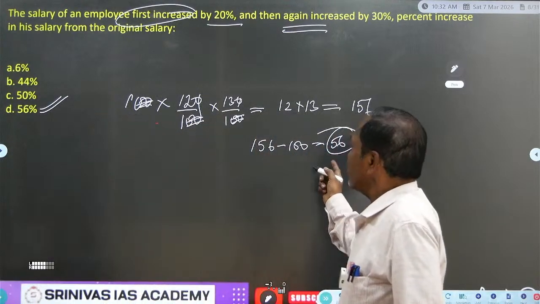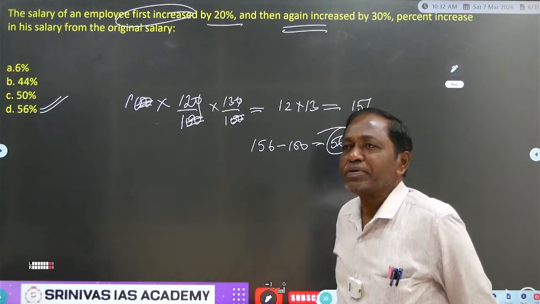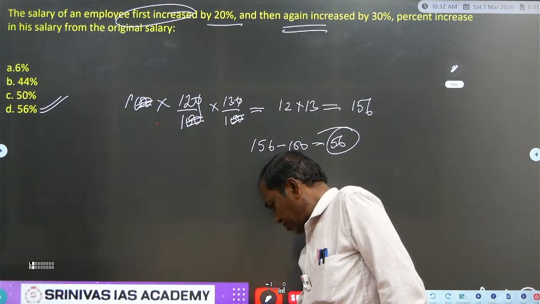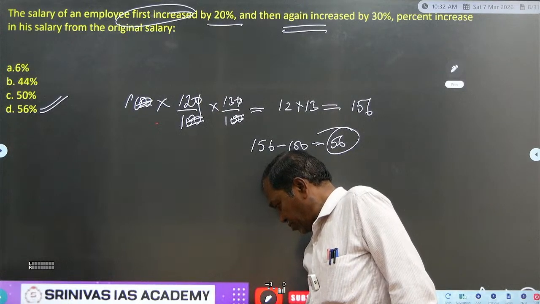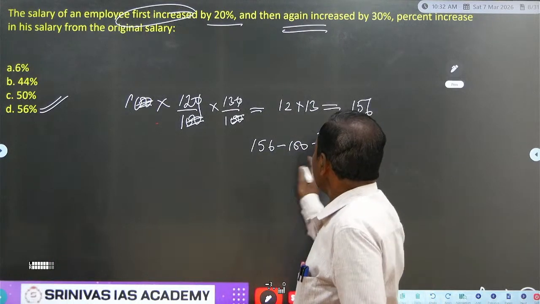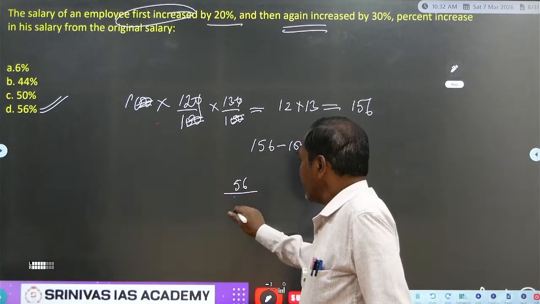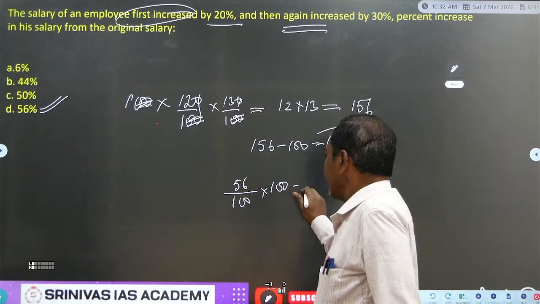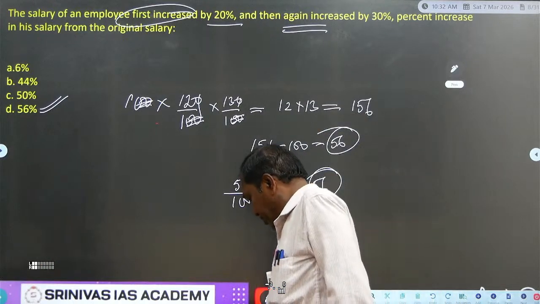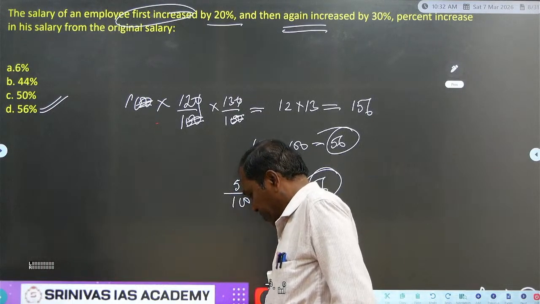Because in this calculation we are taking the base number as 100, which equals the percentage. 56 out of 100 means multiplied by 100, so one more calculation is not required, because the base number is 100 and can be treated as the percentage.